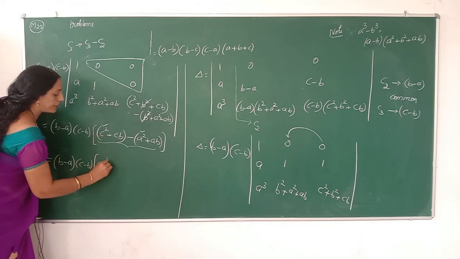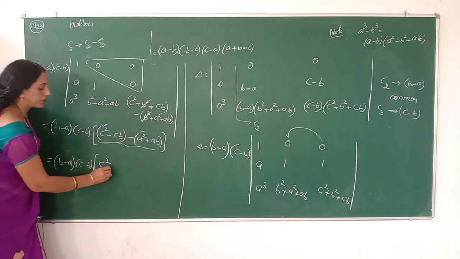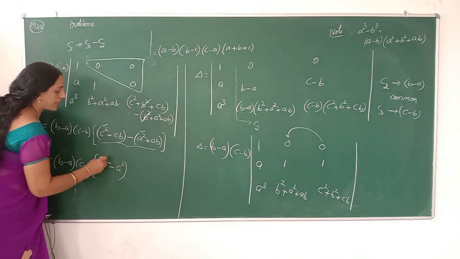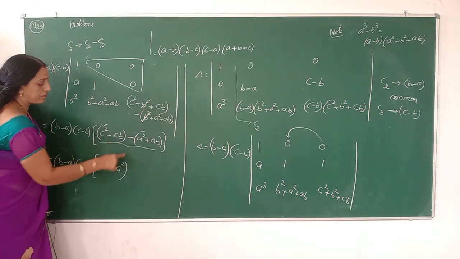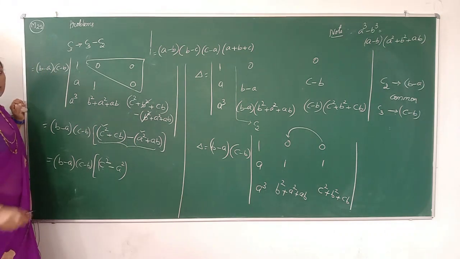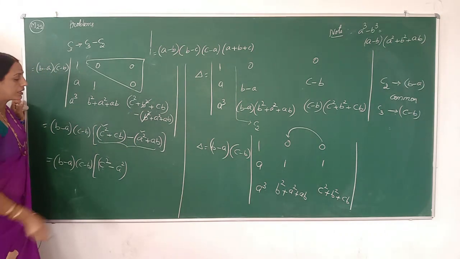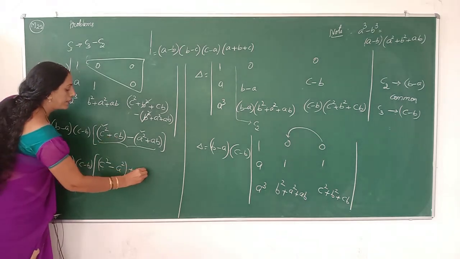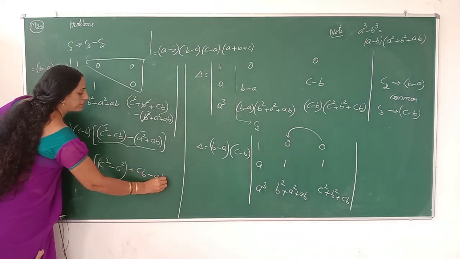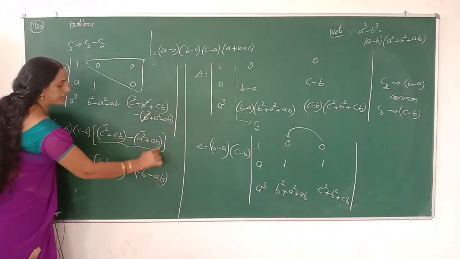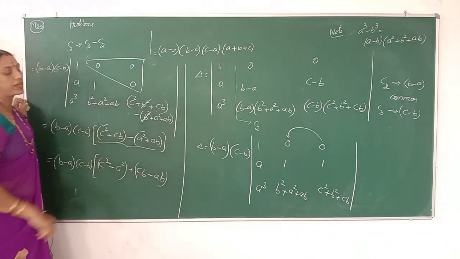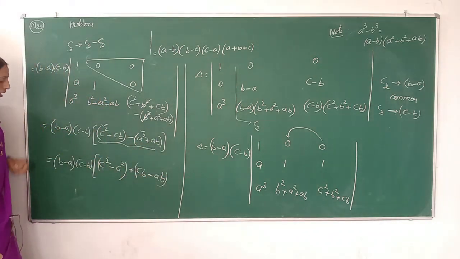First we separate in terms of power: c square minus a square is one type of element and can be taken as one group. Similarly, cb minus ab is the other type and can be taken as another group.